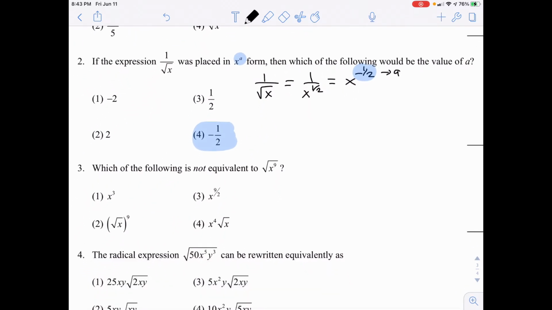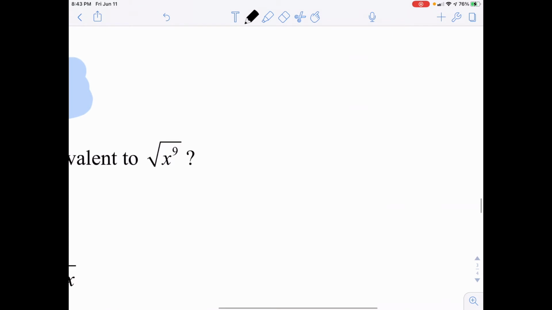Number 3, which of the following is not equivalent to the square root of x to the 9th power? Well, the square root is a second root. So one of the things I can do is I can simplify this and write it as the square root of x to the 8th power times x to the 1. I can take the square root of x to the 8th power because 2 is divisible into 8.